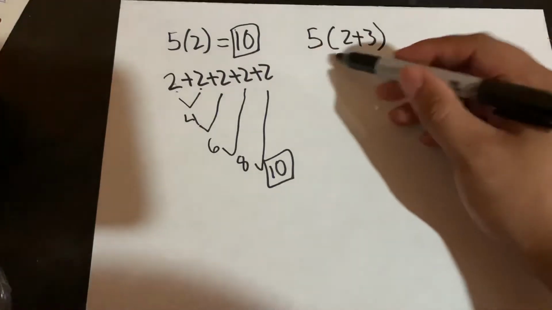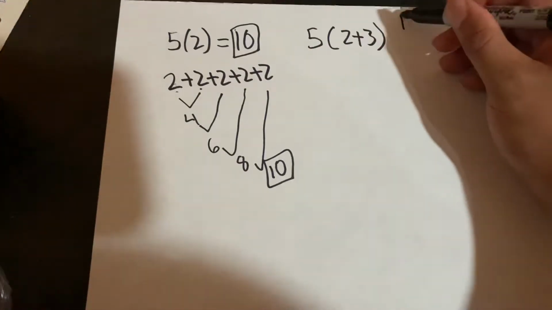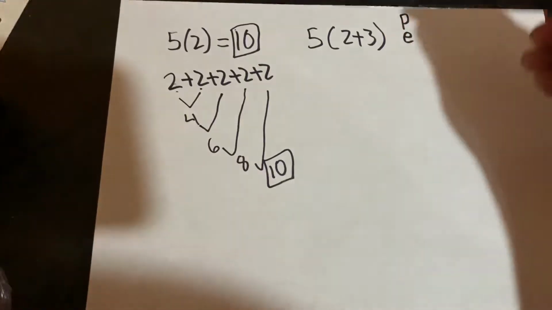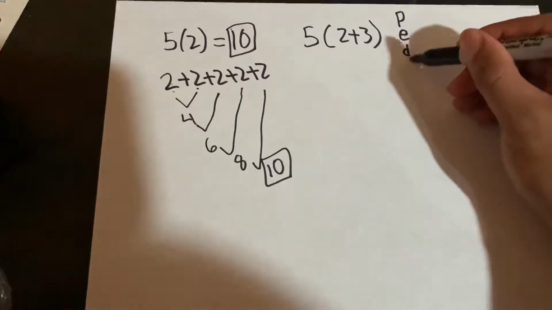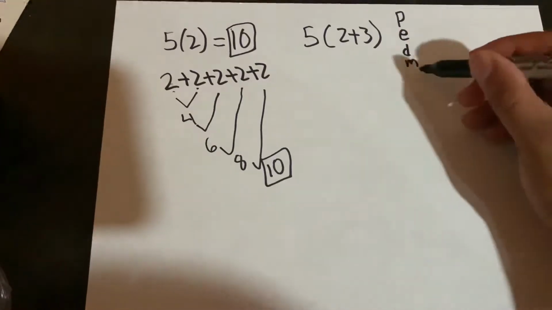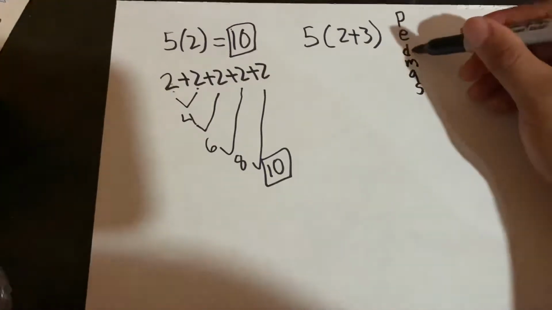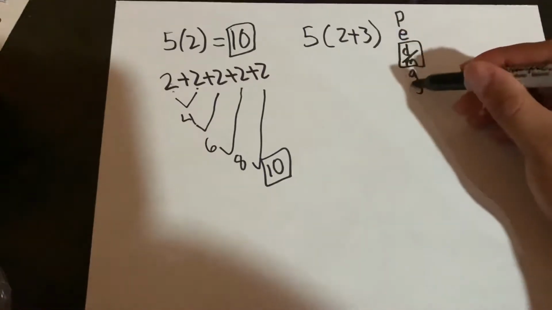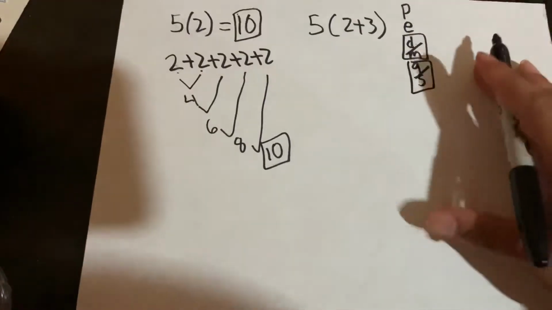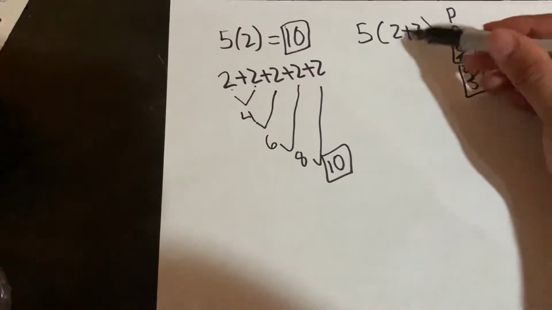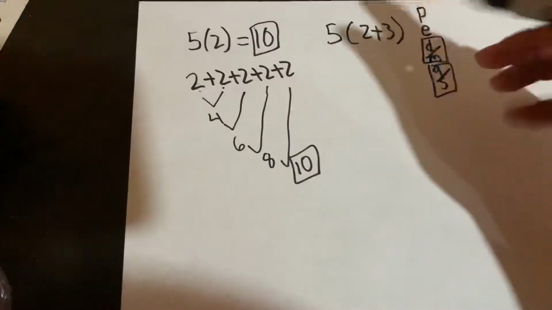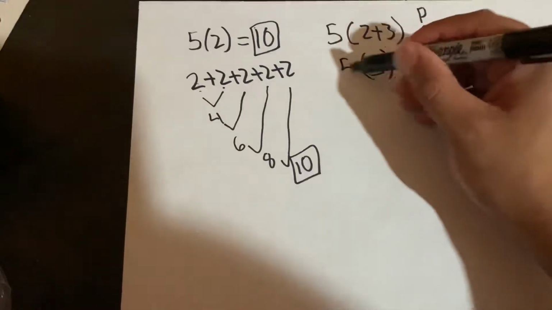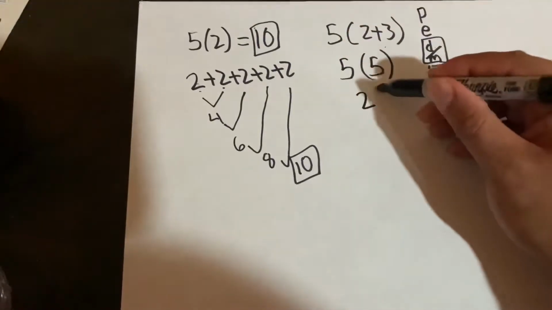Well, if you remember PEMDAS, which is parentheses, exponents, divide, multiply, add and subtract, where divide and multiply are at the same level, you do left to right, and also add and subtract is left to right. It tells me to do what's inside the parentheses first. So you add 2 plus 3, and that gives you 5. And 5 times 5 will give you 25.